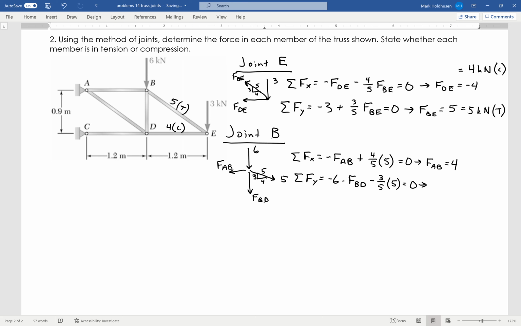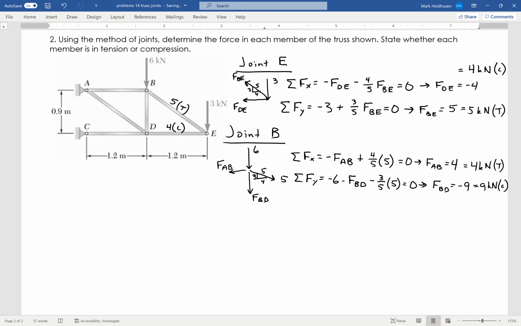The AB doesn't show up at all. And I find that FBD equals negative 9. Now that I've got those solved, I can say, okay, 4 was correct. I get a positive answer, so that's 4 kilonewtons in tension. But the 9 is negative, so that's 9 kilonewtons in compression.